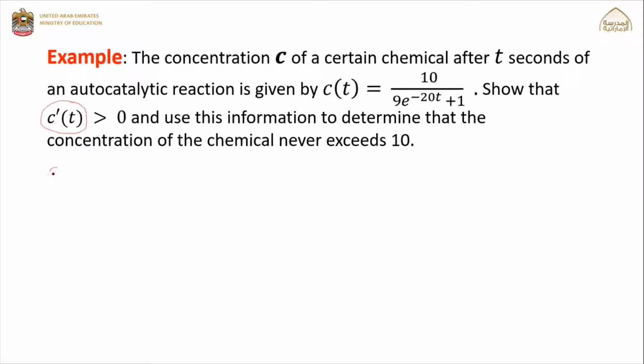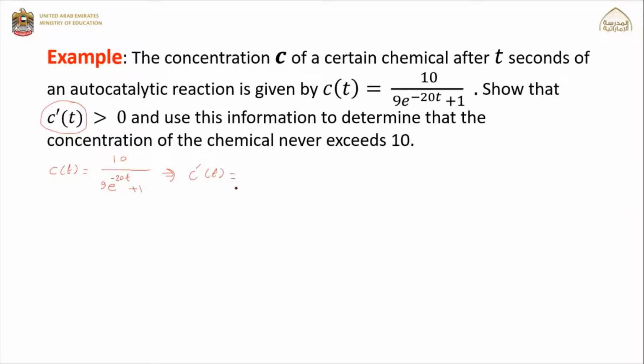Now C(t) equals 10 over 9e to the power minus 20t plus 1. From this function, I will find C prime of t.